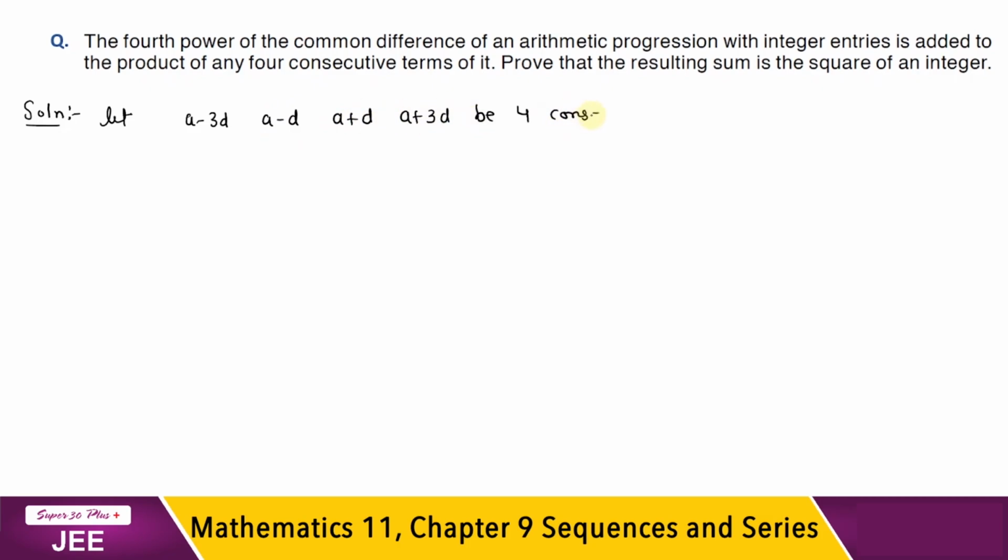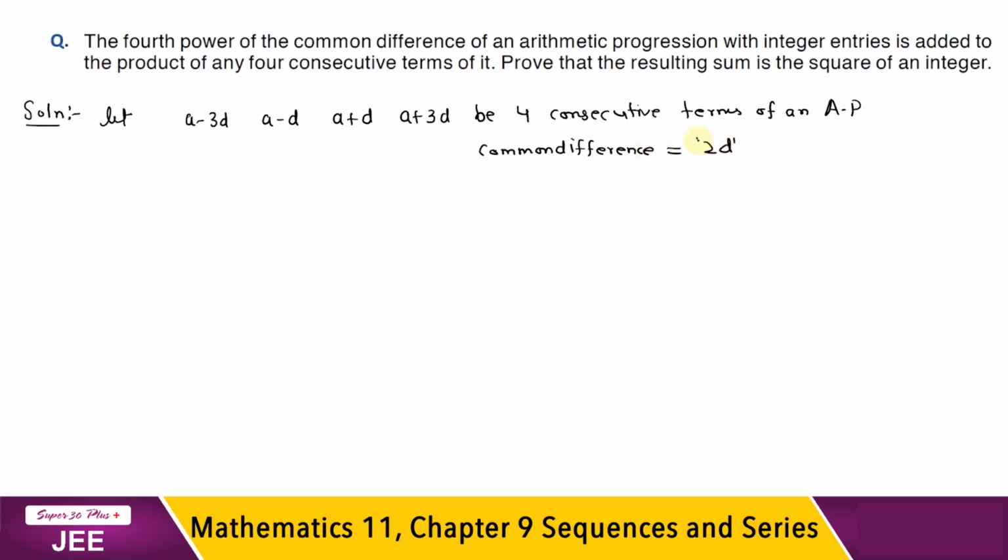Let these be the 4 consecutive terms of an AP. Alright students, one must take note that if they are in AP, the common difference can be obtained by subtracting either these 2 or these 2 or these 2. So the common difference over here is going to be what? It is not equal to d, in fact it is equal to 2d.